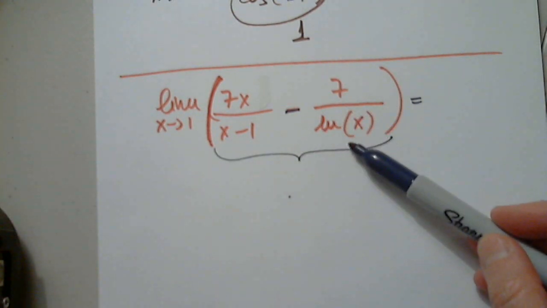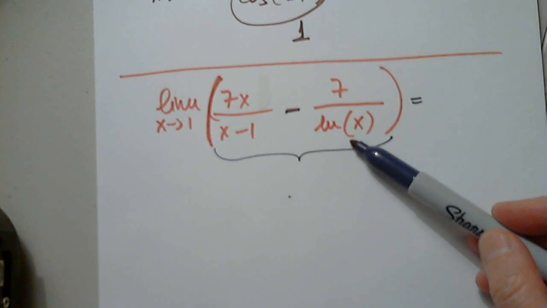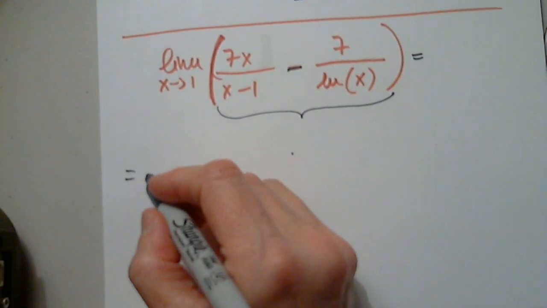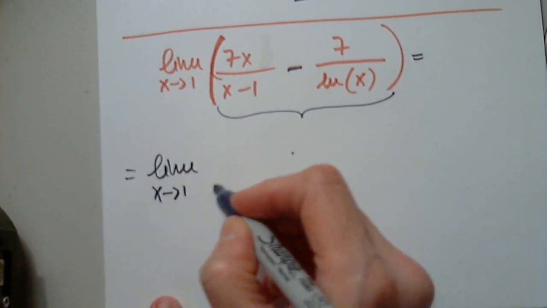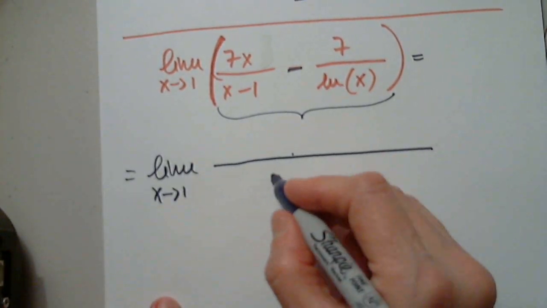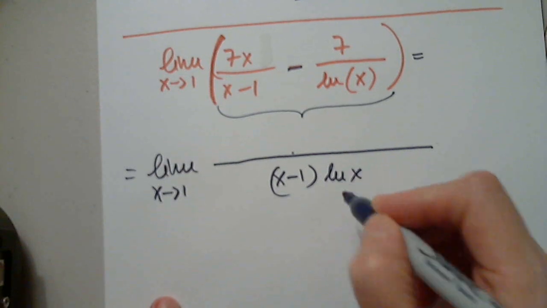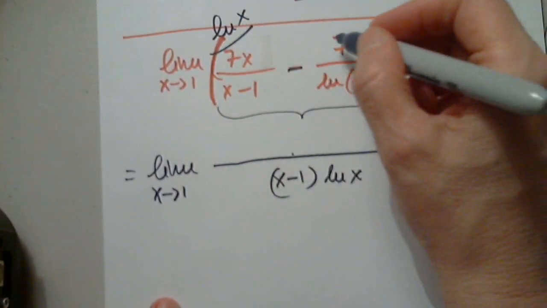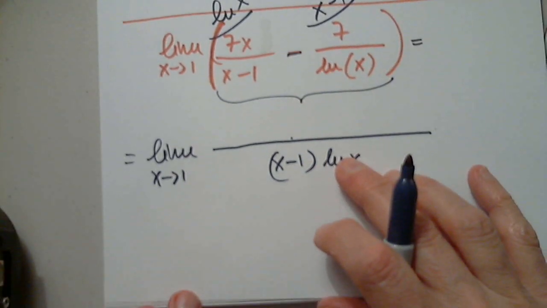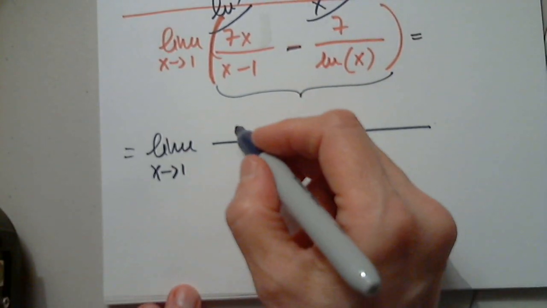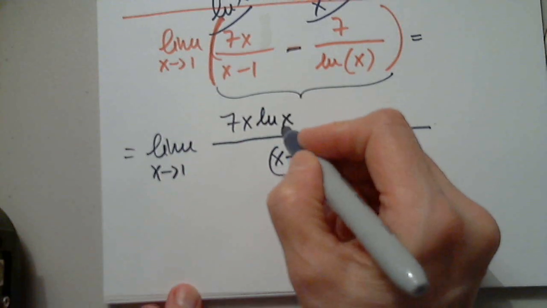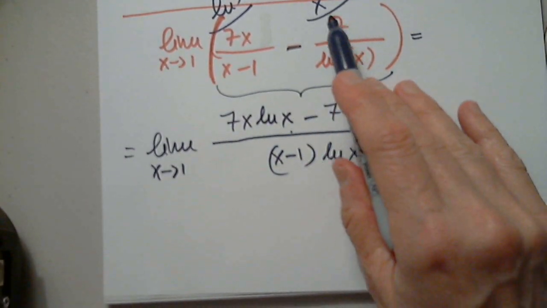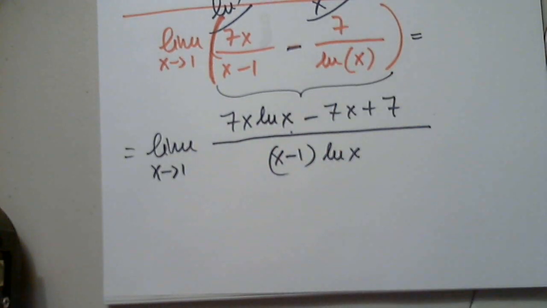So this is one exception in which I have to simplify. I have to find the least common denominator, which is the product of these two. So this one needs a natural log x, and this one needs an x minus 1. So 7x natural log x minus 7x plus 7: negative 7 times x, negative 7 times negative 1.